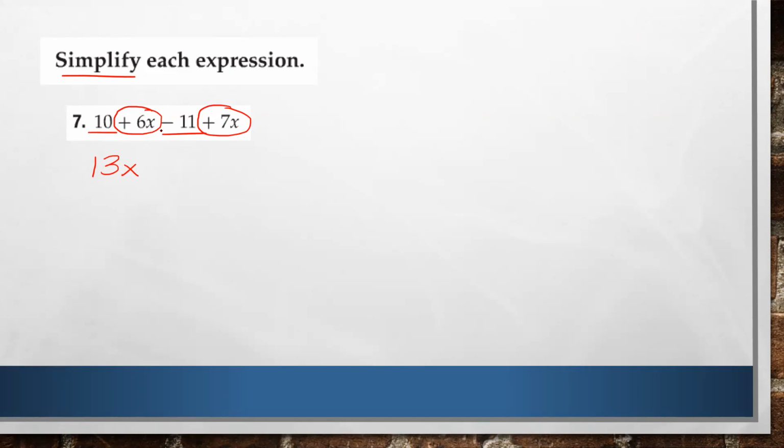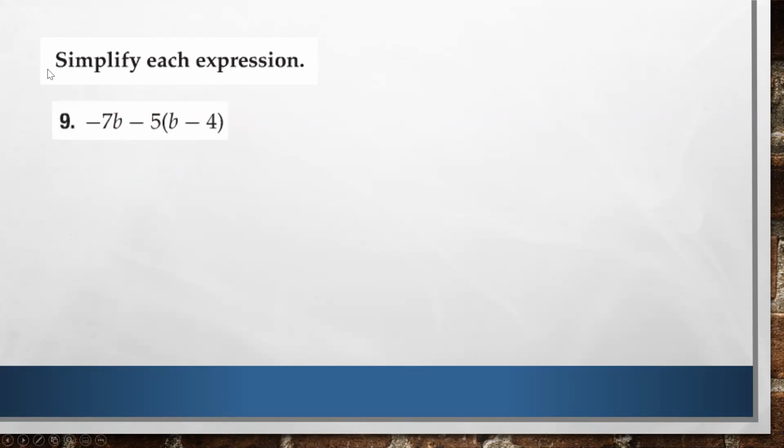So 10 minus 11, that's going to be negative 1, okay? 11 is bigger than 10, so we're going to go into the negatives. 10 minus 11 is negative 1. So my simplified expression is 13x minus 1, okay? All right, let's look at another one of those.